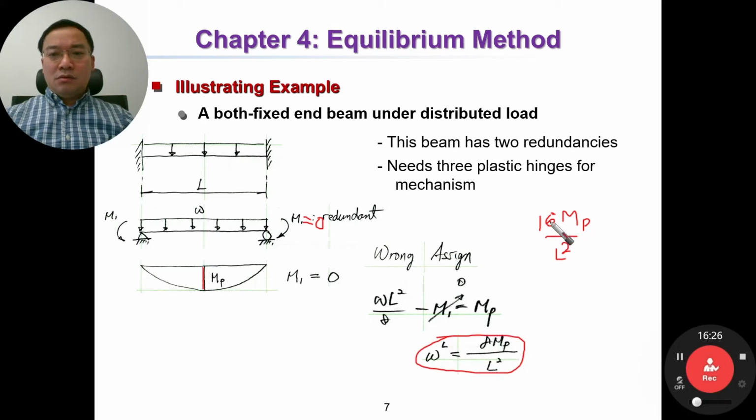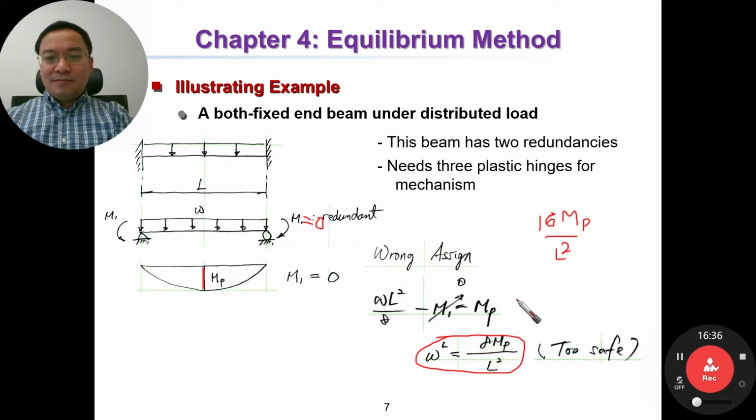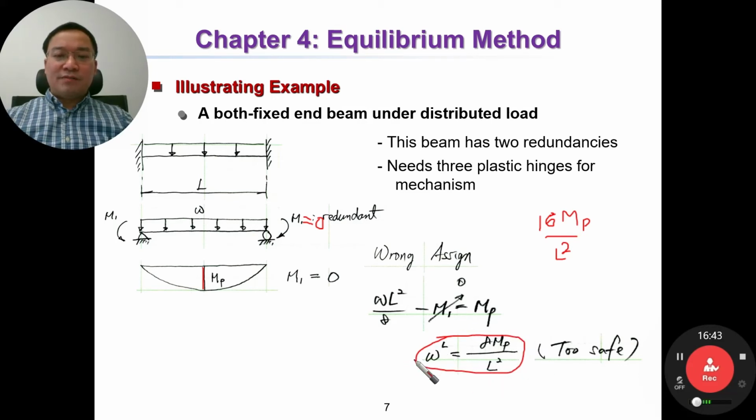So, how to say? For analysis, it is two-step, right? For analysis, it is two-step. That's why we call it a lower bound solution. A lower bound solution.